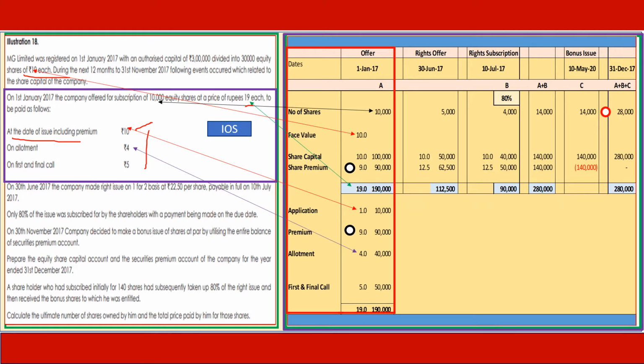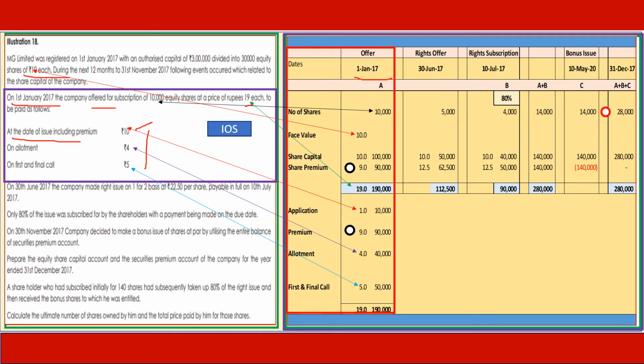And it's also said on allotment the money is 4, and on first and final call we have to pay 5 rupees. And needless to say, all this offer was made on 1st January. It is just an offer, nothing has transpired on it.